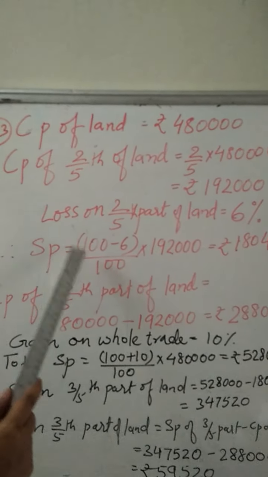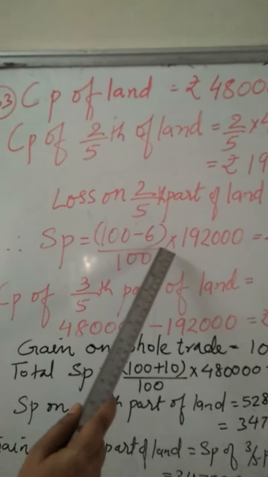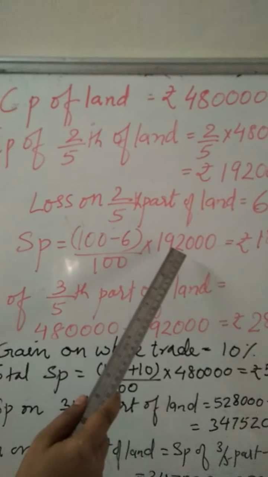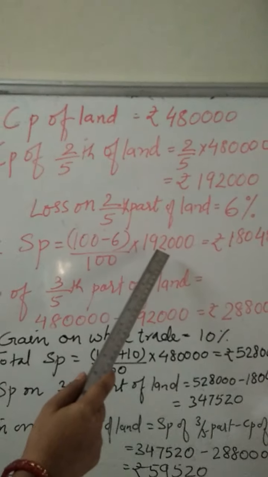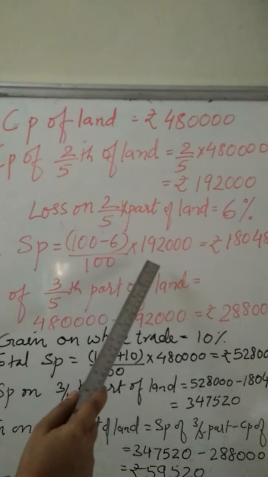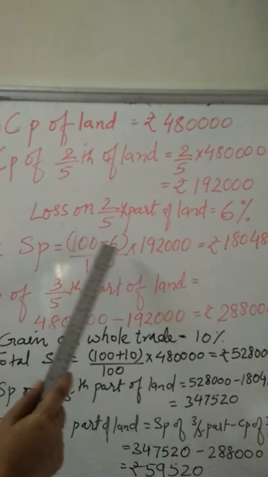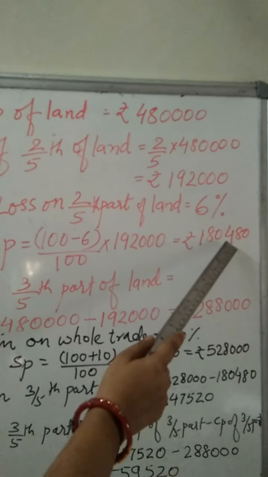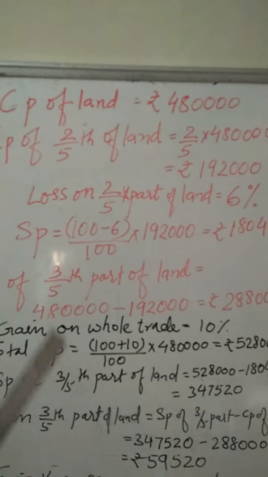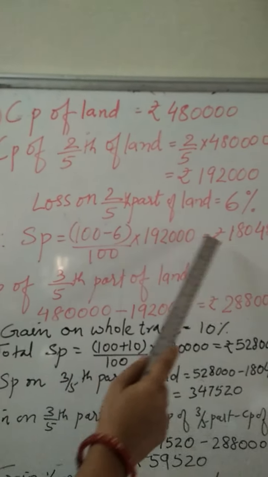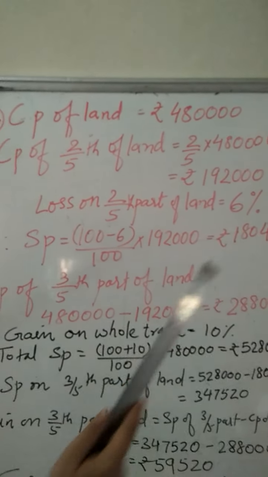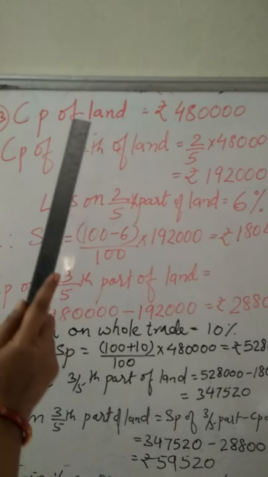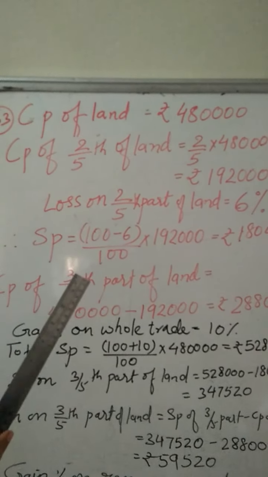So the formula is 100 minus loss percent by 100 into CP of 2/5 part. So here it is written, whole values are inserted. Do the calculation and check whether you are getting 180, 480 or not. So after doing this calculation, you will be getting this as your answer. So this is only for 2/5 of the part.